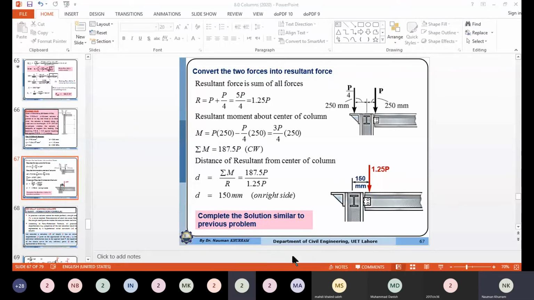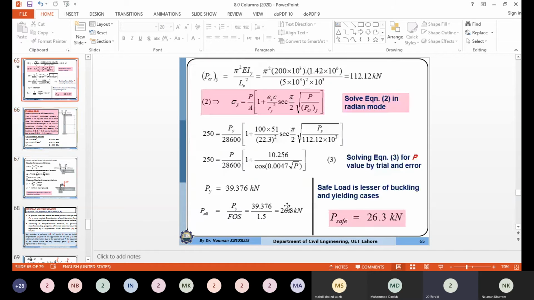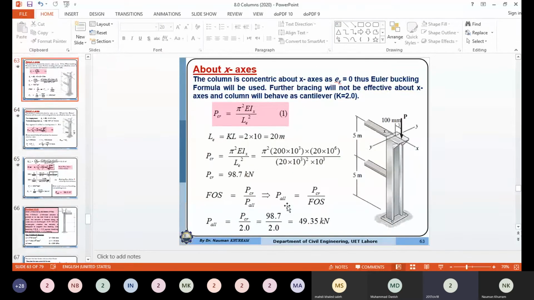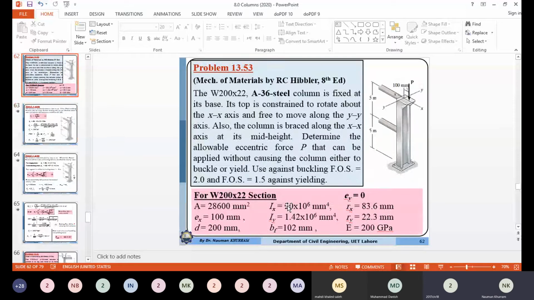Sir, how is Cx equal to Bf divided by 2? Which slide number? It is in the solution. Okay, I'm going to explain.